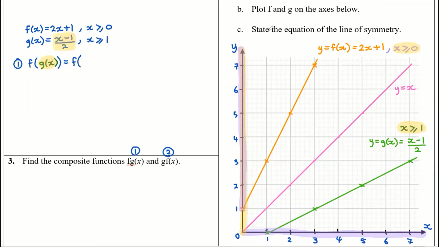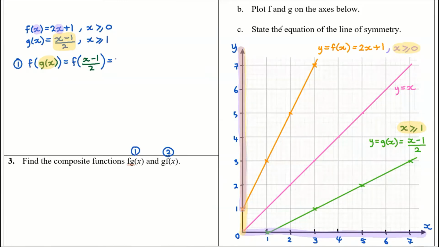So let's just write that in. That's x subtract 1 over 2, we'll close the bracket like that. And that means that I've got to write that as my input for f. Now, my input for f is x here, so I replace x with x subtract 1 over 2 everywhere I see it.